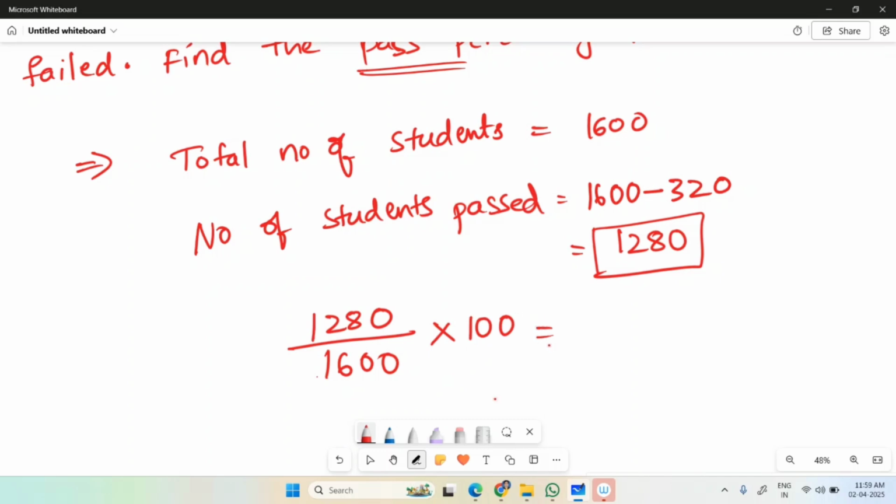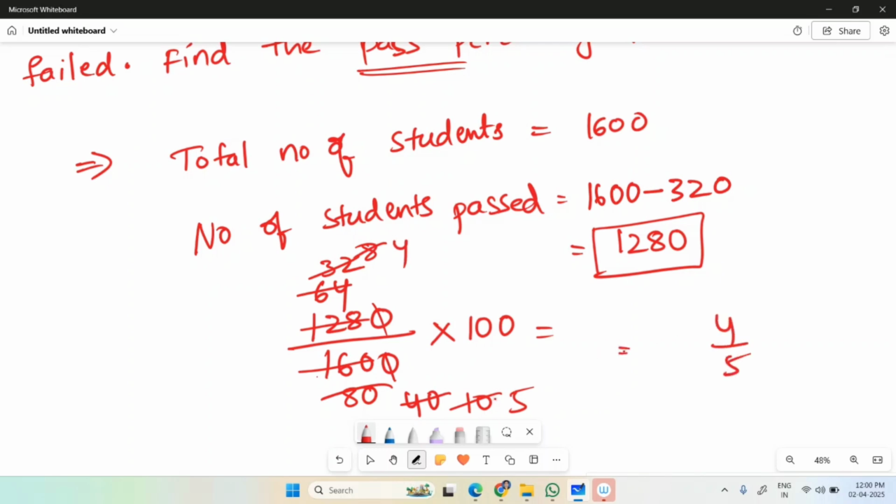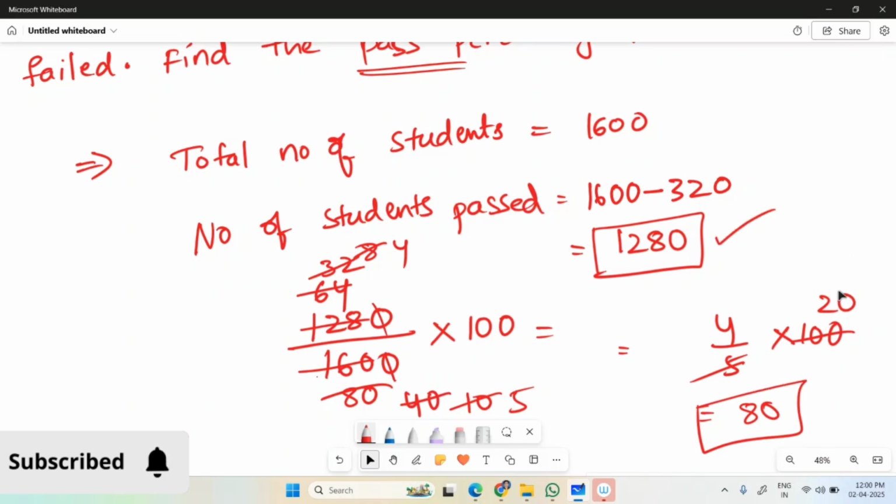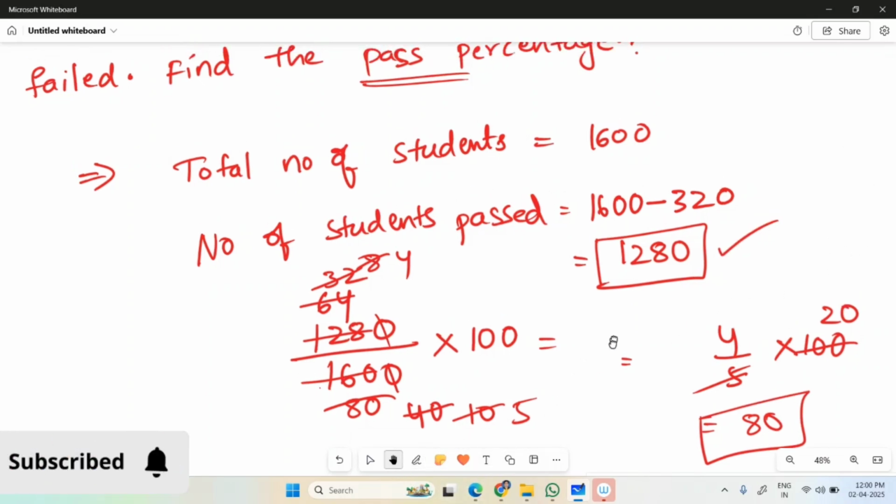If we simplify this fraction, the zeros get cancelled, 128 by 160, 2 times 80, 2 times 64, 2 times 40, 2 times 32, 4 times 10, 4 times 8, 2 times 5, 2 times 4. So simply 4 out of 5 times 100. 5 times 20 is 100. 4 times 20 is 80. That means the pass percentage of the students is 80 percent.